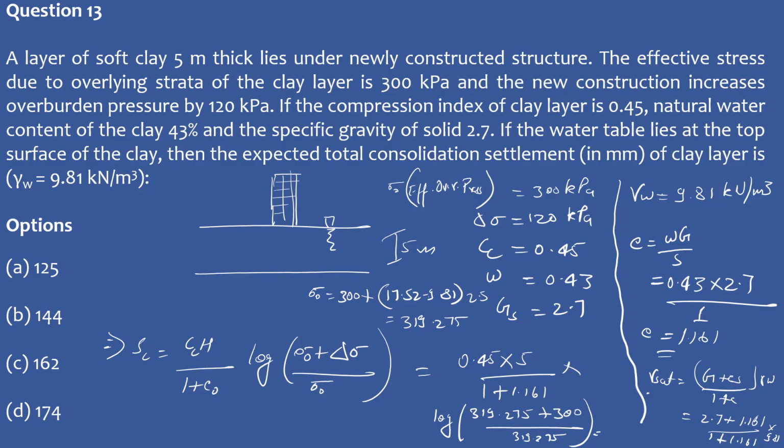Let me calculate again. Log of 319.275 plus 300, which is your 0.299.